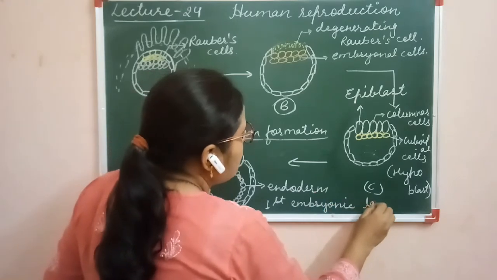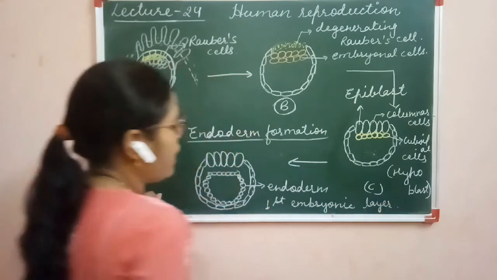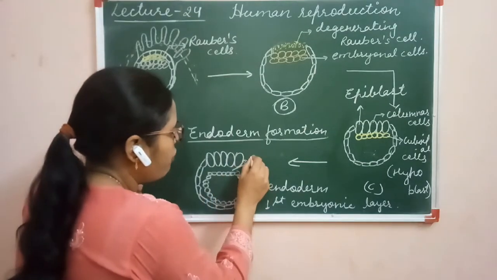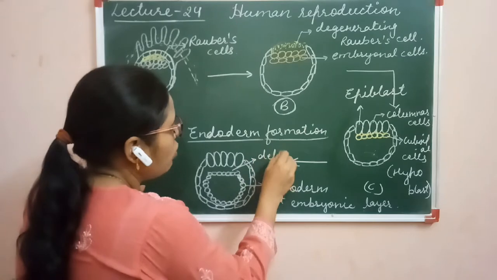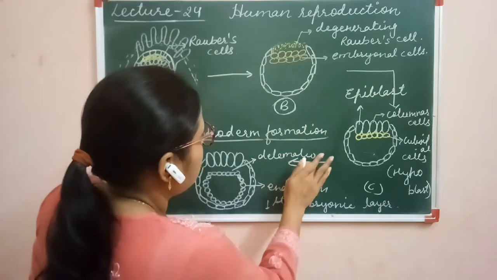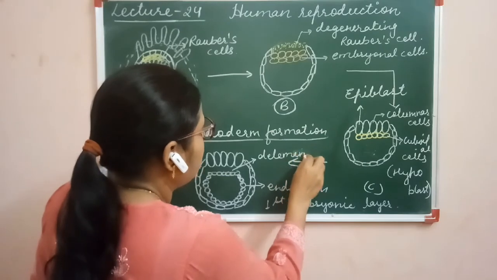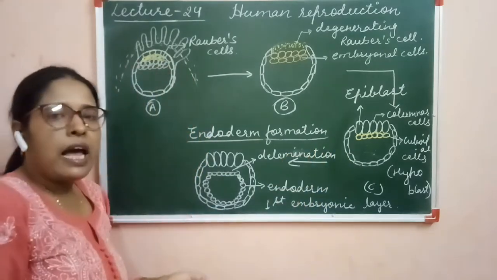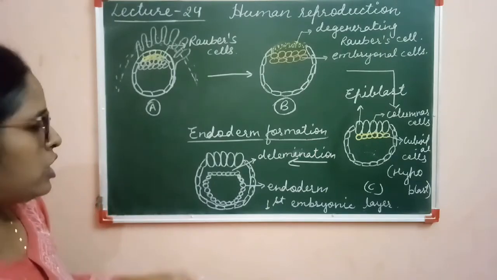It means endoderm formation always takes place first. Here is the process of delamination. By the process of delamination, the endoderm formation takes place.